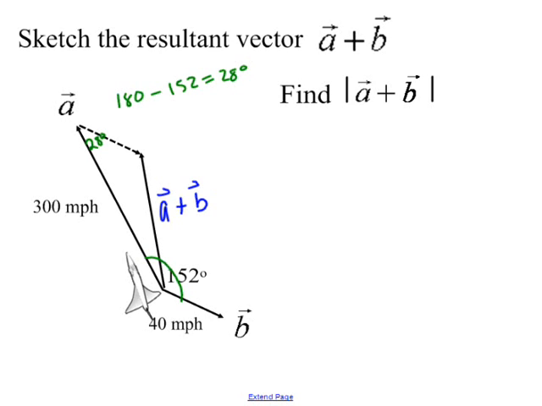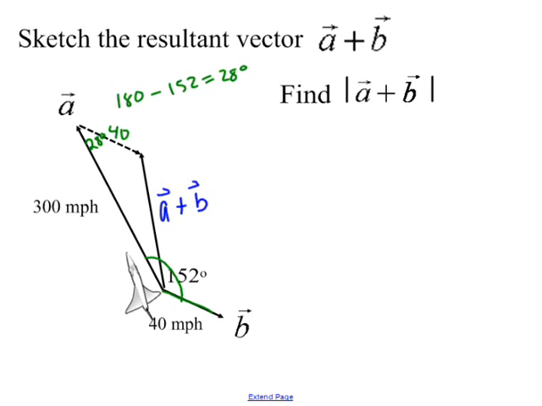And I know that the magnitude of vector B was 40. So I put 40 on vector B there that I've moved. And then I do law of cosines and come up with this answer.